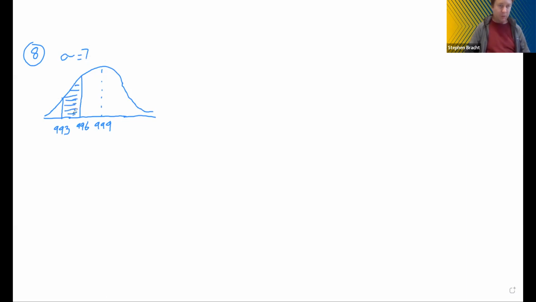Okay. So in order to use the table, I have to convert this into the standard normal curve. And I do that using the z-score formula, which looks like x minus mu over sigma. So I'll convert both 993 and 996 into z-scores. I'll start with 993. I'm just going to do a z with a subscript of 993. This looks like the x value is 993, the mean is 999, standard deviation is 7.